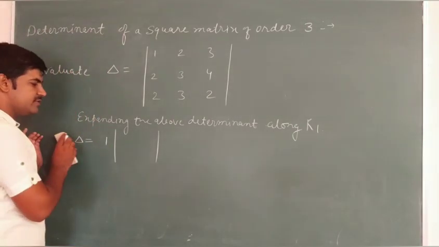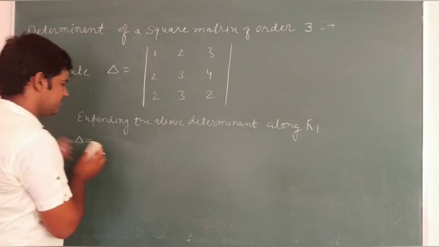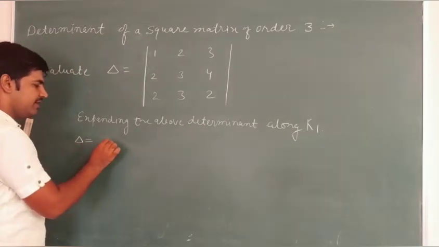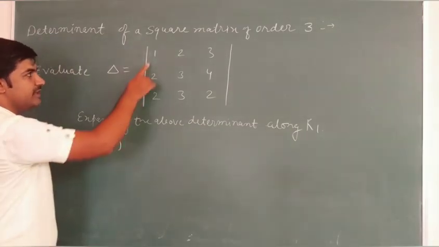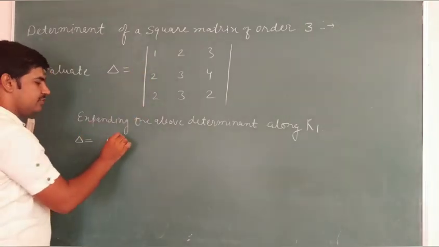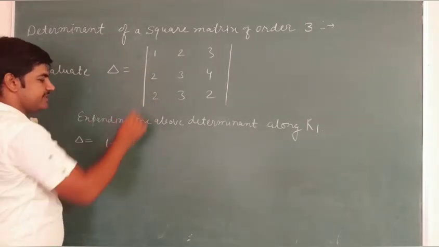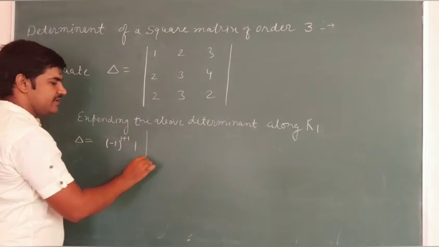I hope you have understood why I am taking minus 1 raised to the power. This is element number a11, so minus 1 raised to the power 1 plus 1, the element itself, that is 1, and times a determinant here.